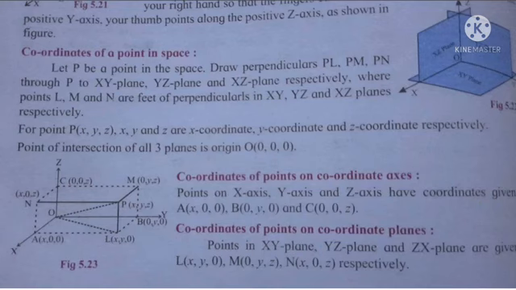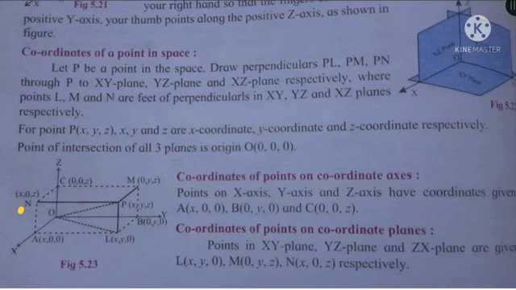Now we will see coordinates of points on the coordinate axes. See here, this is the figure given. Here the x, y, z axes are perpendicular to each other. Observe, students: the point N is in which plane?